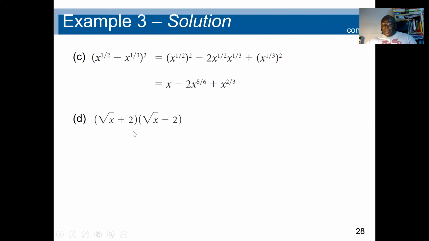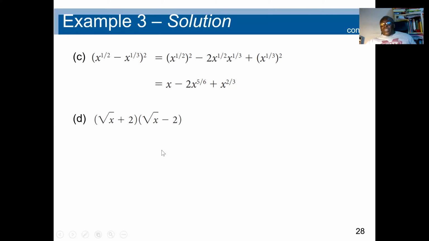The D here, again, if you want to, you can multiply each term using the FOIL method. Square root of x times square root of x, square root of x times -2, plus 2 times square root of x, then plus 2 times -2, and write the answer. But since the two terms are the same, square root of x, square root of x, 2 and 2, their signs are opposite.